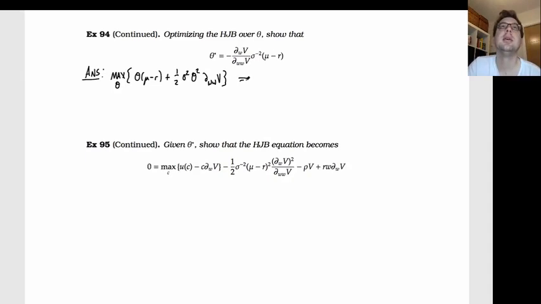So if we differentiate this with respect to theta, I'm going to get mu minus r plus theta sigma squared times the second partial derivative of V. Oh, notice I'm being a bit sloppy.